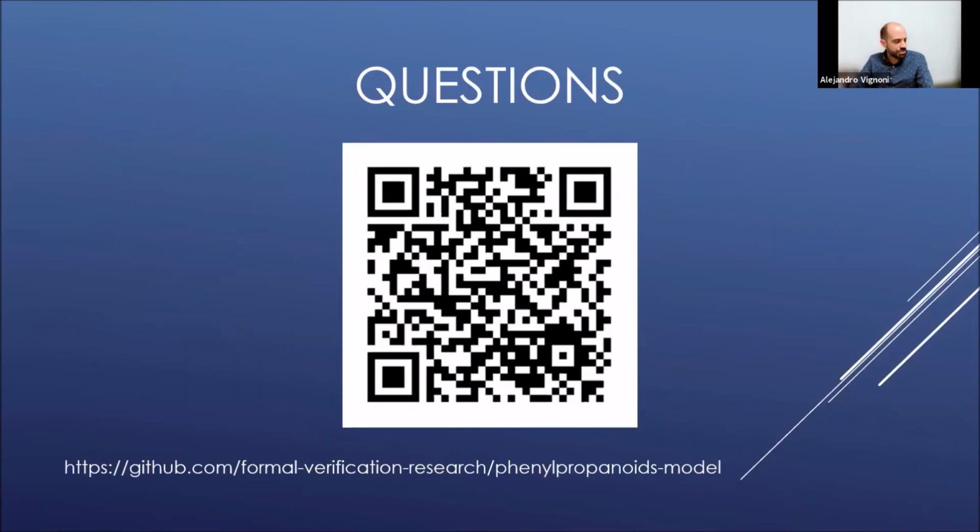Remember that you can ask questions through the Slack channel in the chat, or just ask permission to talk directly. In the meantime, I also have a question, Ellie. In the assumptions, you were mentioning that malonyl-CoA is not a limiting substrate for the metabolic pathway. But correct me if I'm wrong, I think malonyl-CoA is a substrate for the C3H enzyme reaction from p-coumaroyl-CoA to caffeoyl-CoA.